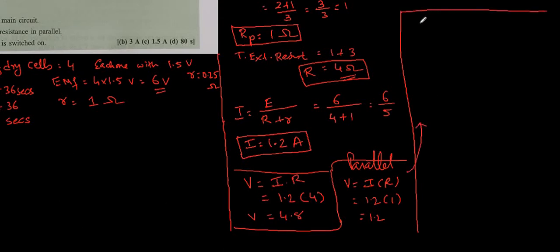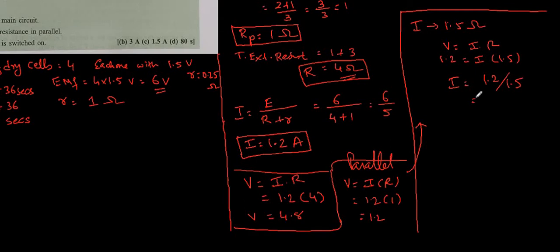Now we have to find out the current passing through the 1.5 ohm resistor. So now V is equal to IR. V is 1.2, I is what we are required to find out, and resistance is 1.5. So I is equal to 1.2 divided by 1.5. Understood?